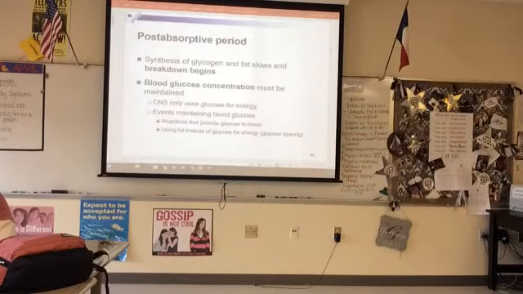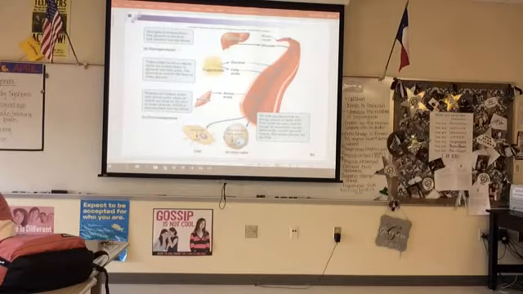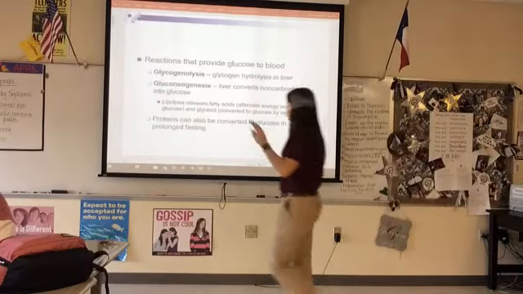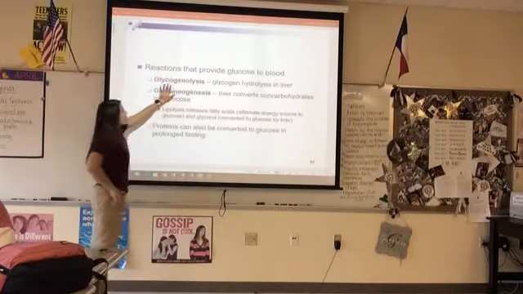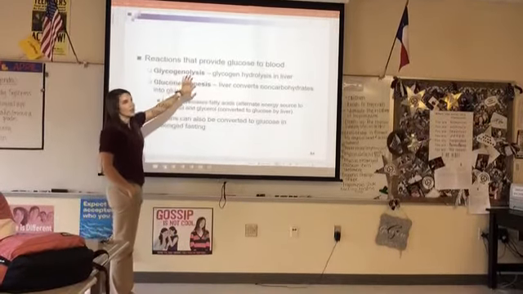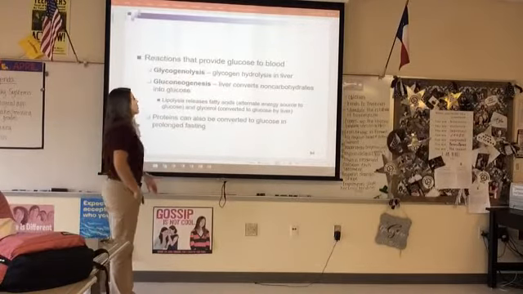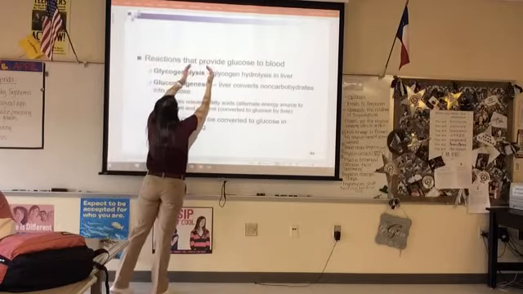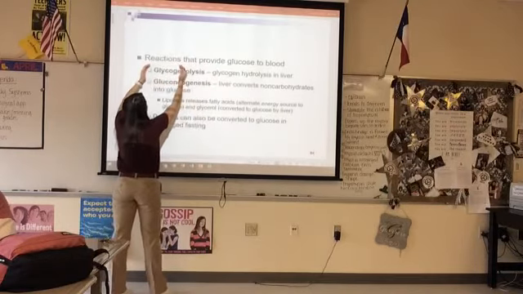Okay? Now, I'm going to go to the slide after this and then I'll come back. Let's say that your blood glucose levels are low and you're not going to eat. Two things can happen. The first, glycogenolysis. What? Dissect that word. Tell me what it is. So here's glycogen, here's lysis, so I'm just breaking down glycogen.